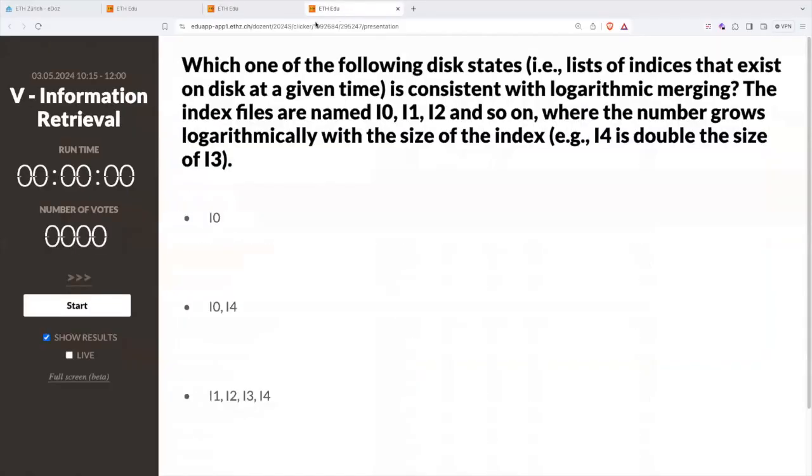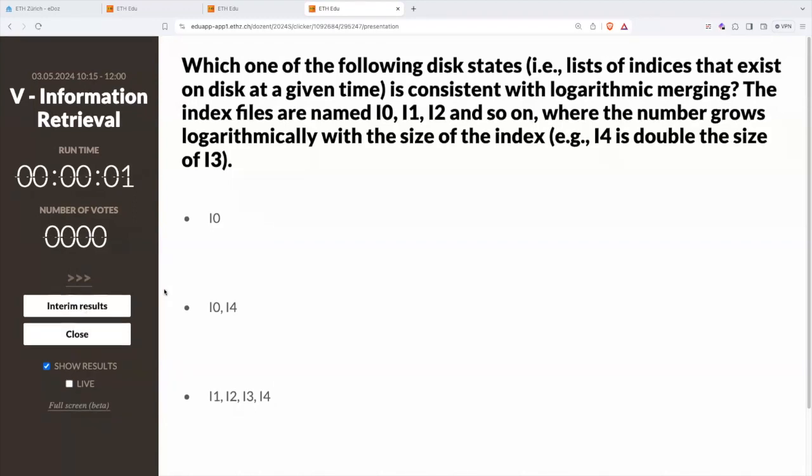And here it goes. Do you remember the logarithmic merge trees, right? When we have this online indexing, where you keep merging and merging the indices, you have these files of increasing size in power of 2: size 1, size 2, size 4, size 8, and so on.